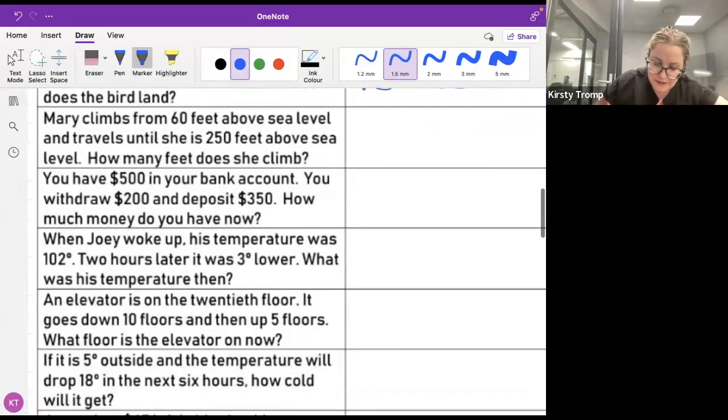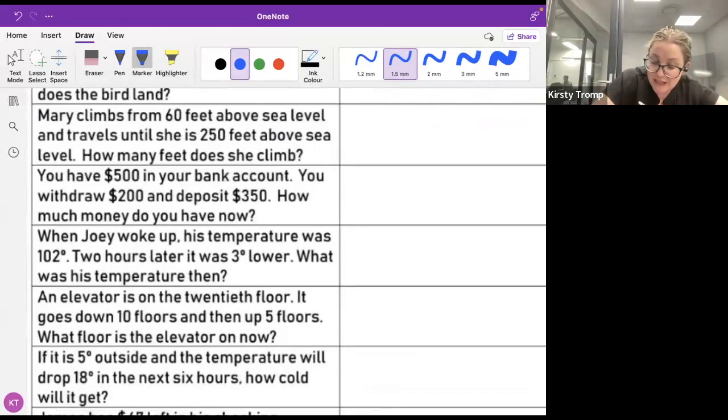My next one. Mary climbs from 90 feet above sea level and travels until she is 250 feet above sea level. How many feet does she climb? So let's see what they're saying here. Mary is already on a mountain. In other words, this is kind of like a mountain that Mary's on.